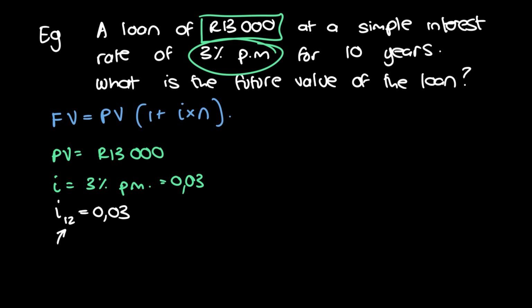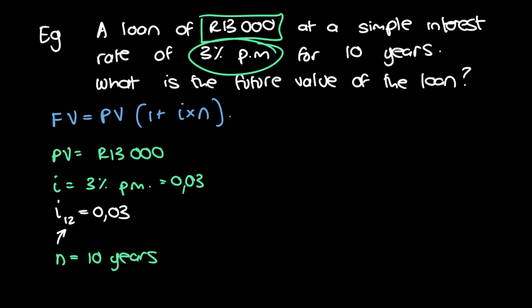And this is going to come in more handy when you get to compound interest and so on. So the simple interest here is 3% per month, which is 0.03. We can represent that as I subscript 12. So the 12 is representing that it's actually per month. And that's just going to remind you that your N should be in months. And then we're going to look at our N here. So our N here is 10 years.